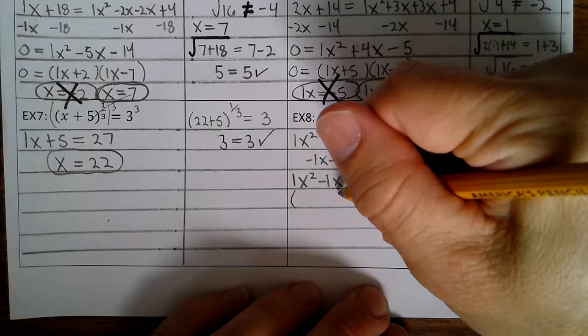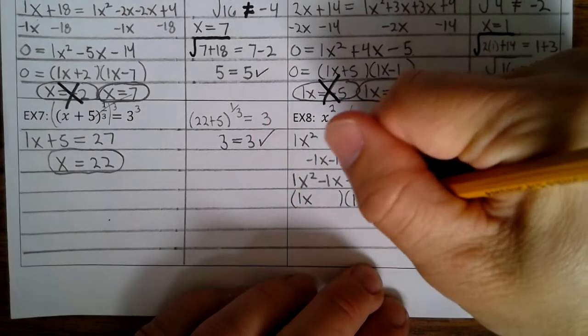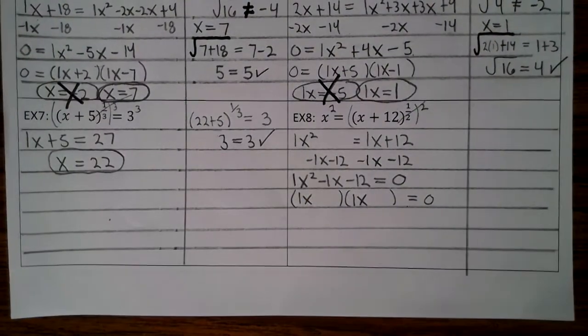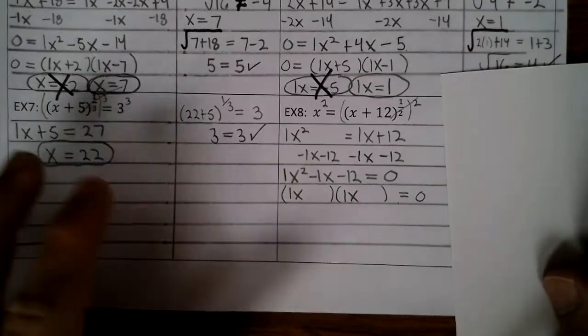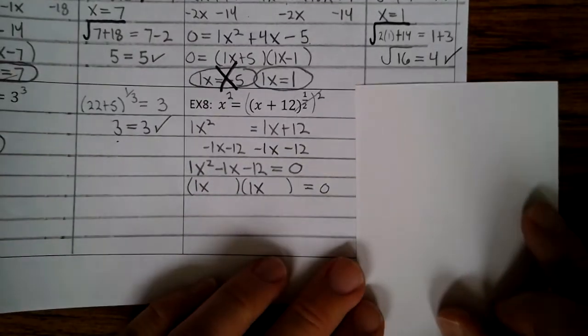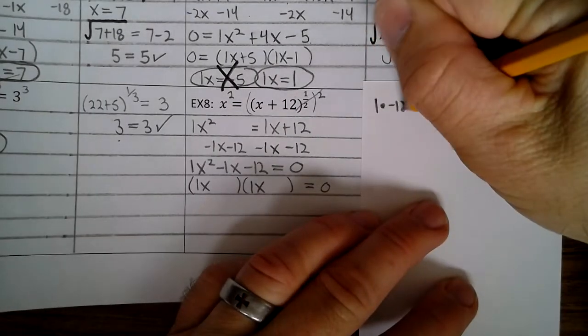And so now we need to find all the combinations to make negative 12. So 1 times negative 12 is negative 12. 2 times negative 6 is negative 12. 3 times negative 4 is negative 12. 4 times negative 3 is negative 12.